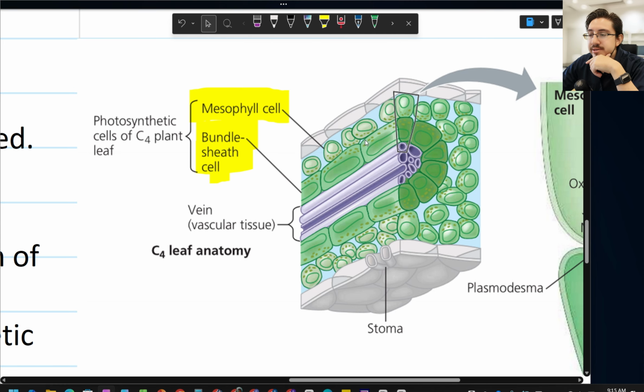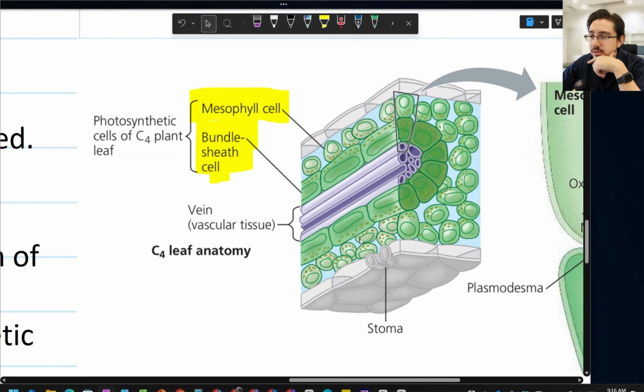Surrounding this vascular tissue are these thick cells. These are the bundle sheath cells. And in the surrounding area, you have your mesophyll layer, these individual cells that have some spaces in between them.